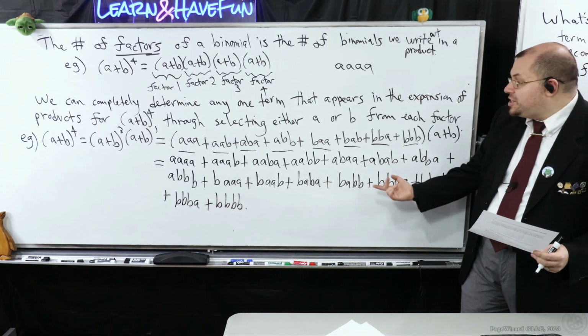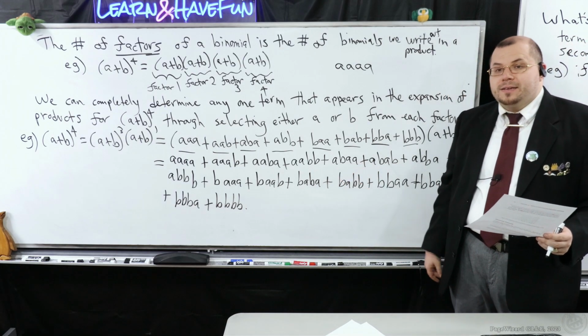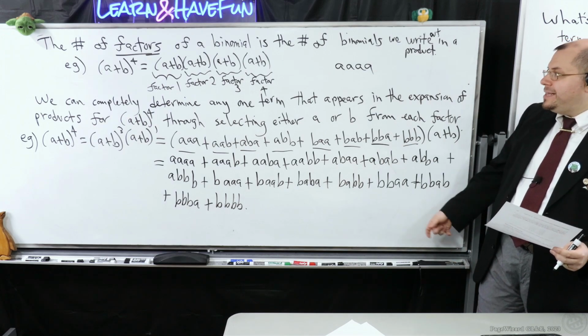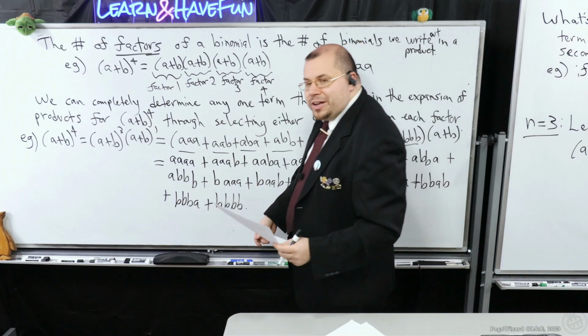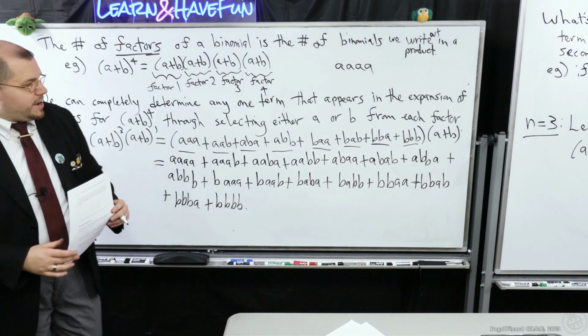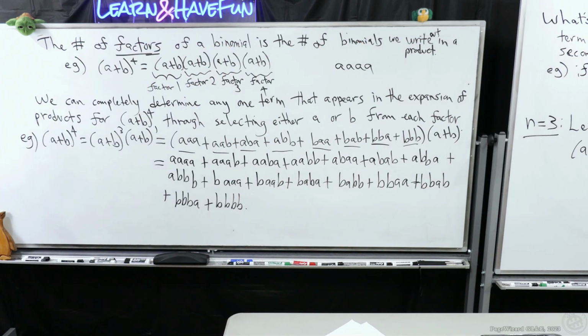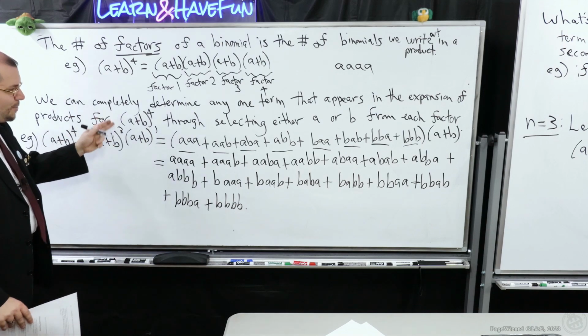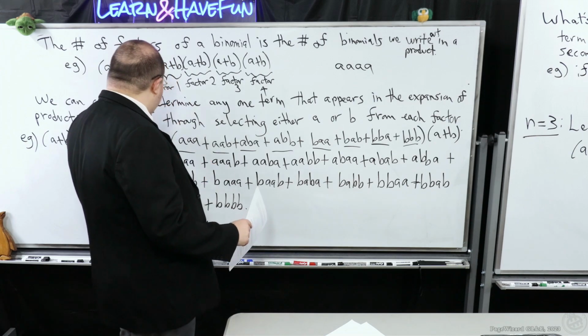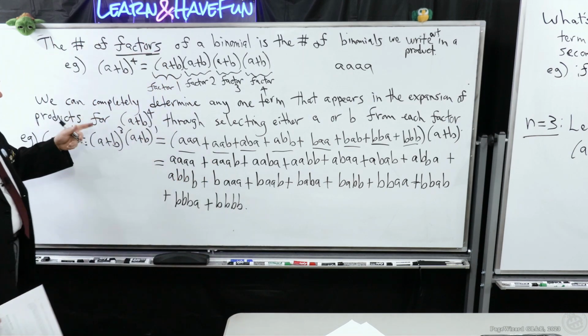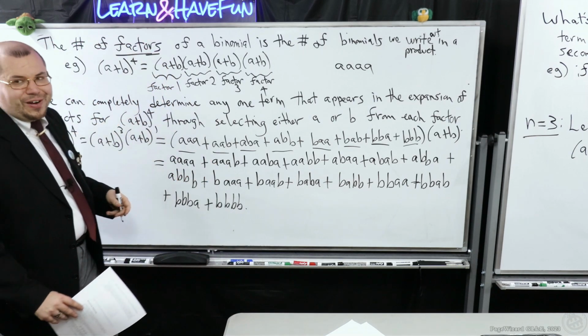So each of these products can be completely determined by the choices of either A or B for each factor. That's the claim. And you can see it right here, right? You can do this with any one of these. Just like we see with the previous ones, you can keep doing this. If you're not convinced by this, I encourage you to try A plus B to the 5.